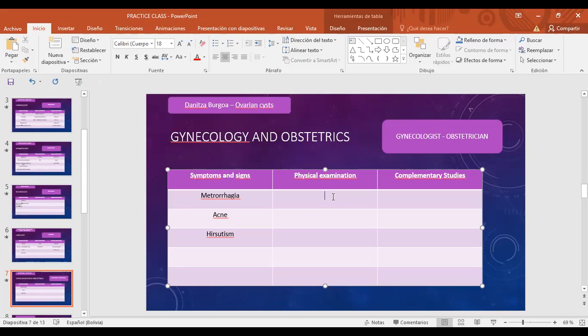Okay, menorrhea. We can also see that she has acne, hirsutism. Also, she can have overweight. Great. So this person would be overweight.